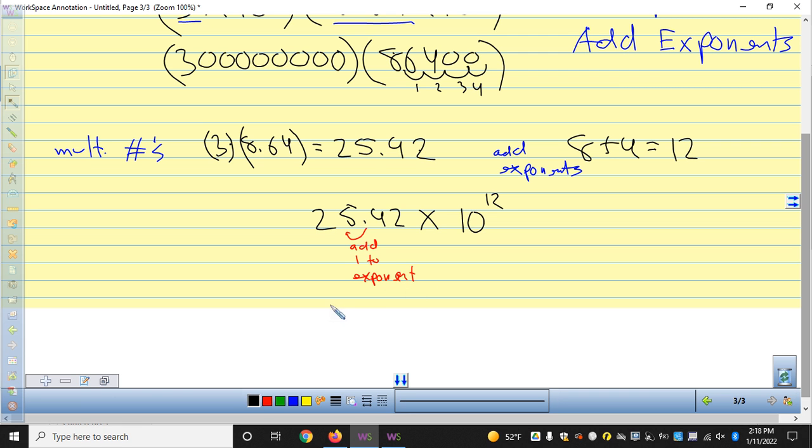So I would write this as 2.592 times 10 to the 13th. I'm not super picky about how scientific notation works exactly, but your book will always do this, and in your science class, they'll probably always do this, where you have one number in front of the decimal instead of 2 here.